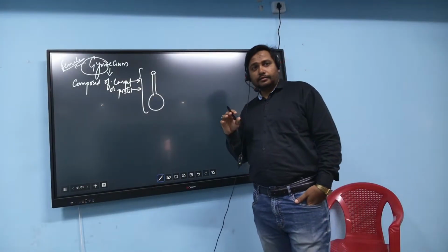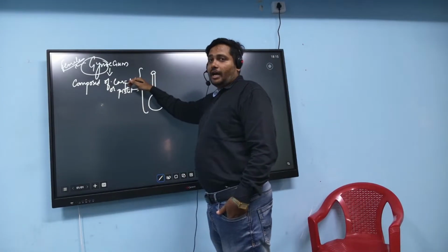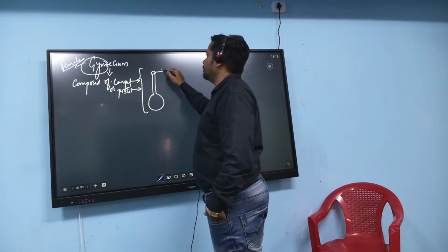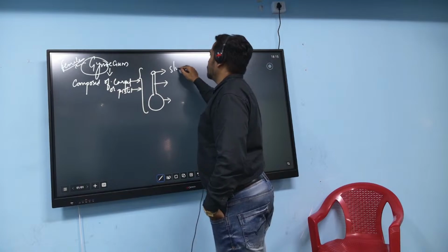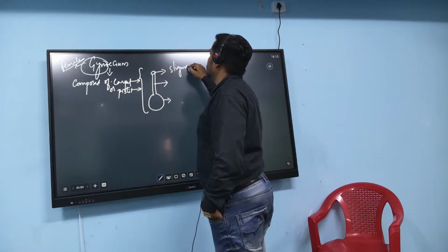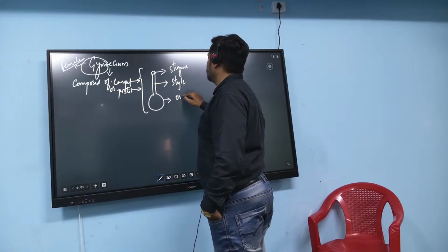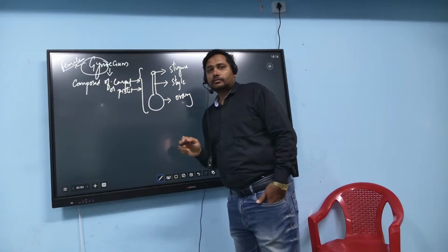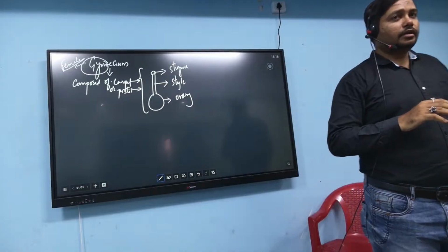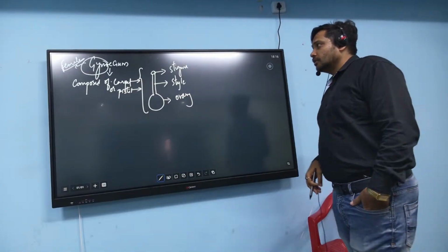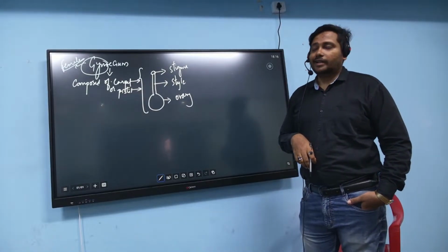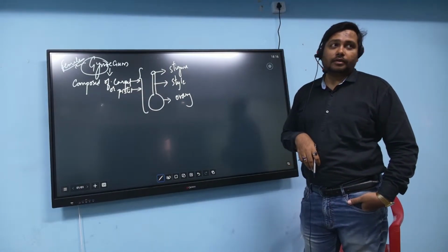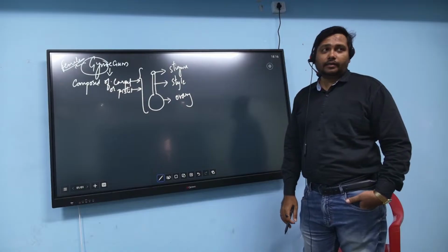Now, this carpel or pistil consists of three parts: stigma, style, and ovary. Gynoecium is composed of carpel or pistil, and each carpel or pistil consists of three parts: stigma, style, and ovary.